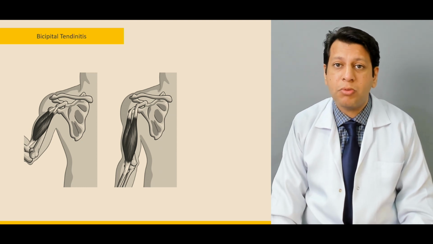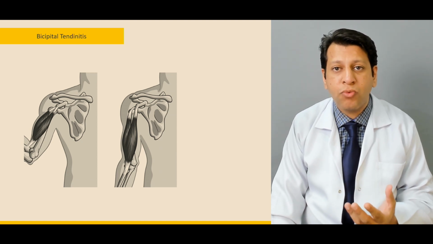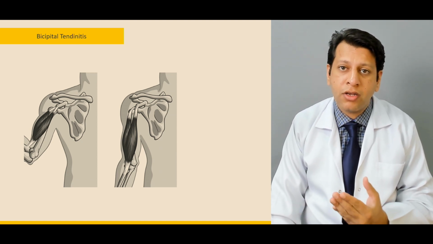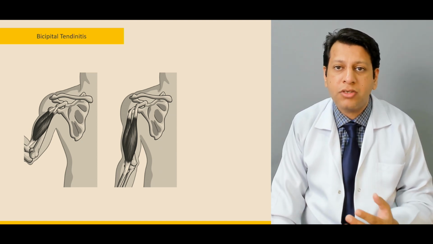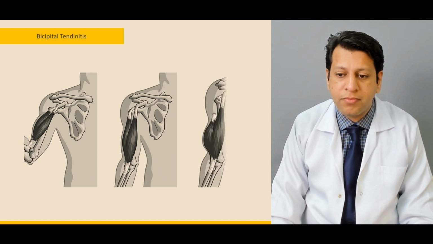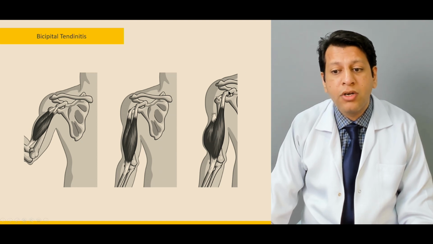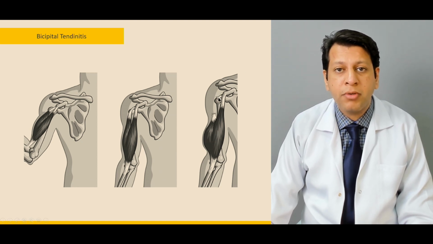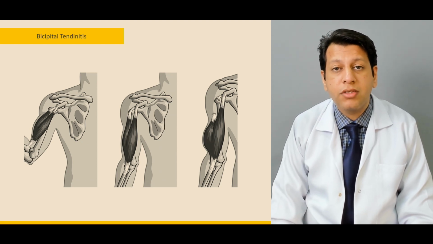So this is what happens due to increased friction, due to increased movement. There is an increased abrasion effect, and this leads to synovitis and tendinitis of the bicipital tendon, which can eventually also lead to avulsion, or proximal bicipital tendon avulsion. And usually the most commonly involved is the long head.